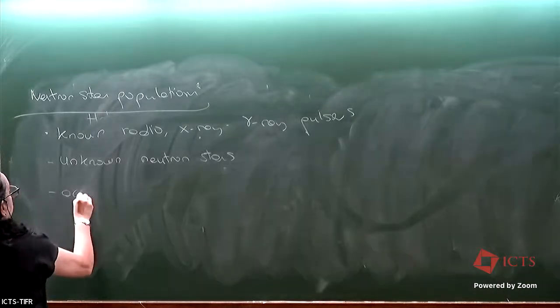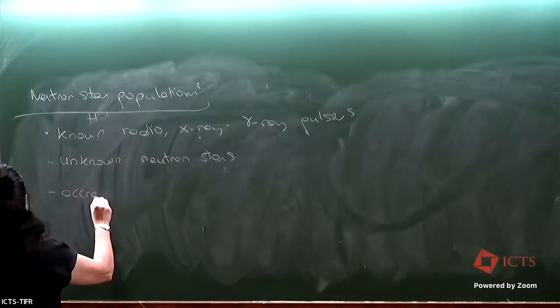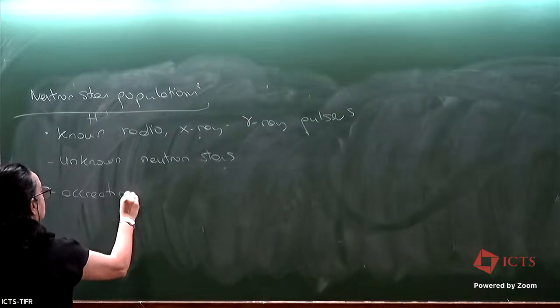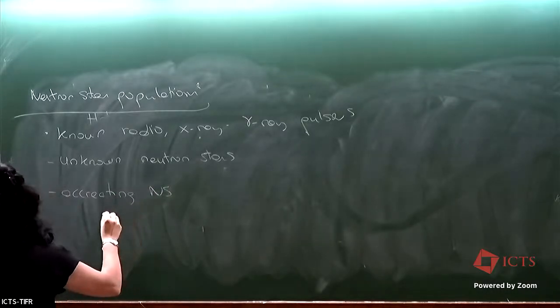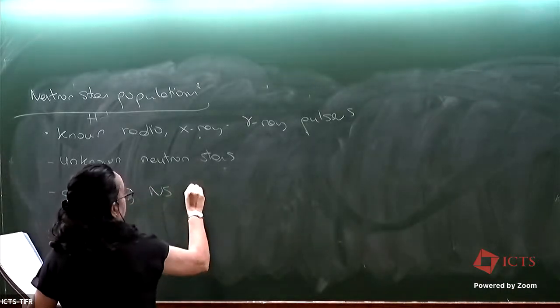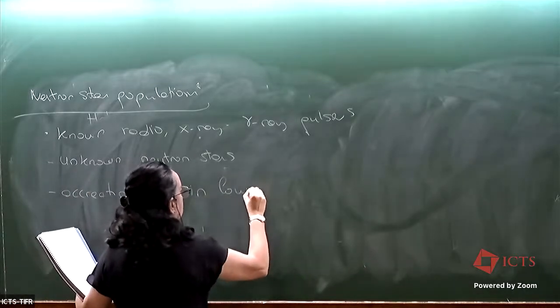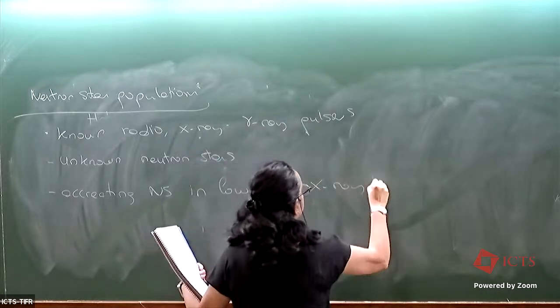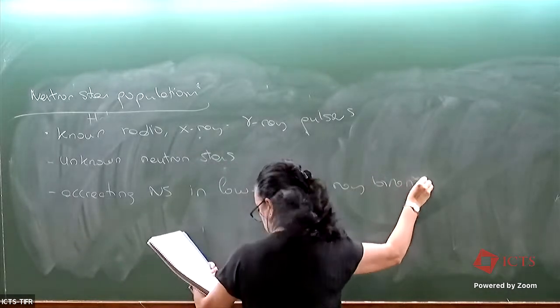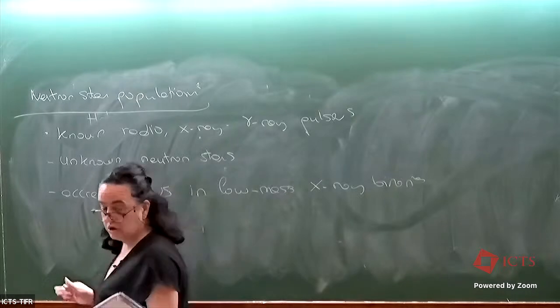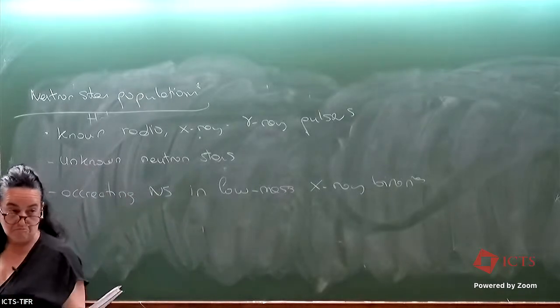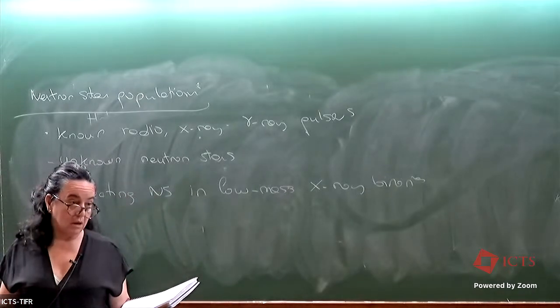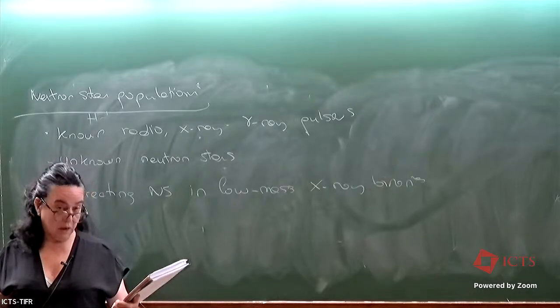I can have accreting, let's say, neutron stars, for example in low mass X-ray binaries, in which the position will be known, and sometimes even the orbit and the frequency.